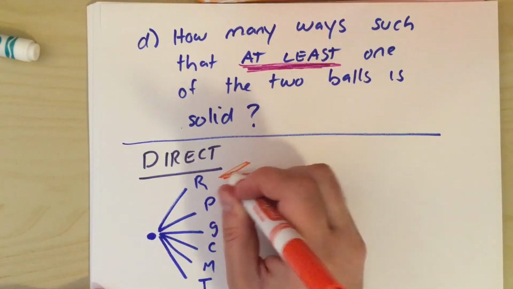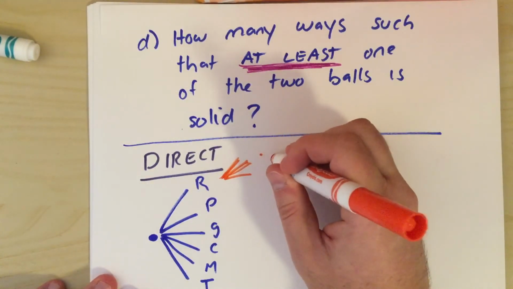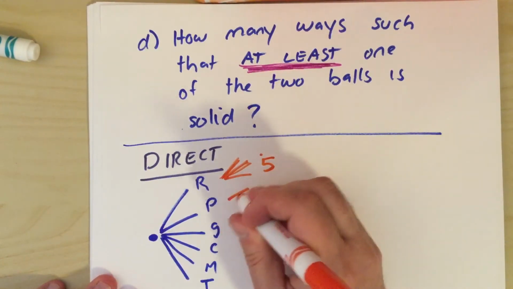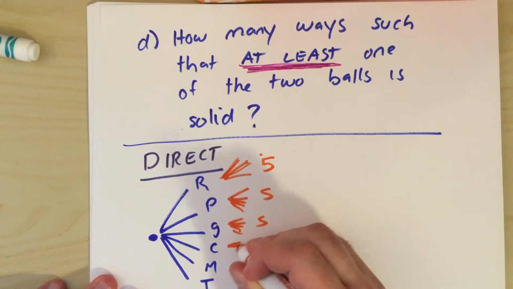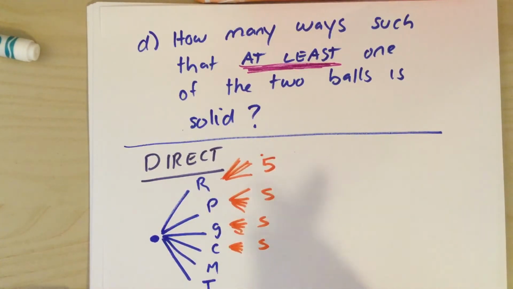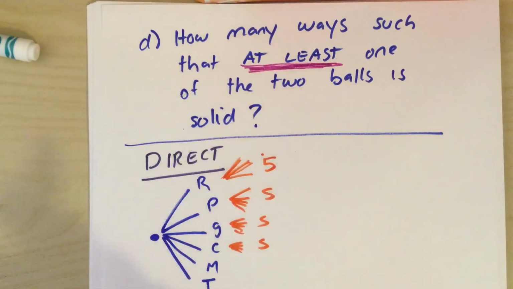So 1, 2, 3, 4, 5. So we have a total of 5 options, right? And if it's pink, we also have 5 options, and if it's green, we have 5 options, and if it's cyan, we have 5 options. If it's magenta, though, the next one has to be solid, because at least one of the 2 balls has to be solid. So that one's going to be a bit different.